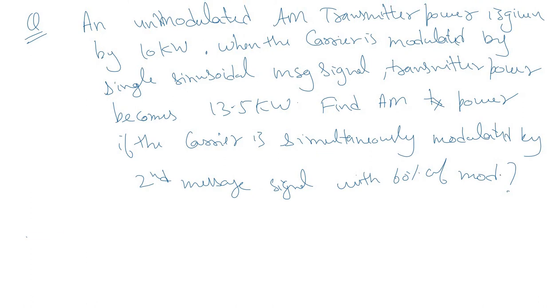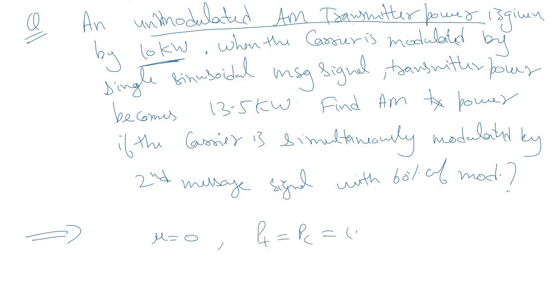So let us carefully read the question once. An unmodulated AM transmitter power is given. Unmodulated AM transmitter power means when the modulation index is 0, in that case PT is equal to PC, which is equal to 10 kilowatts. So PC is given to us, that is 10 kilowatts.